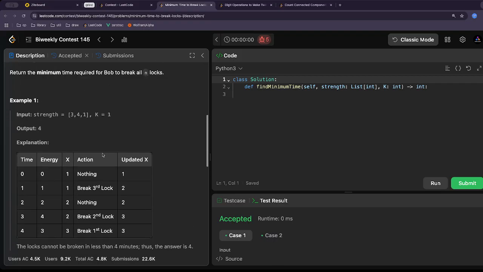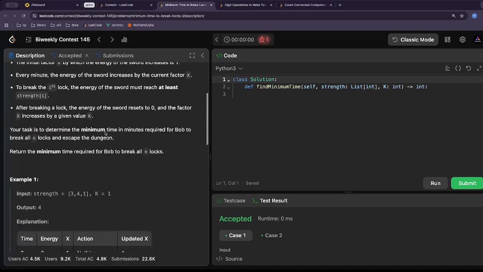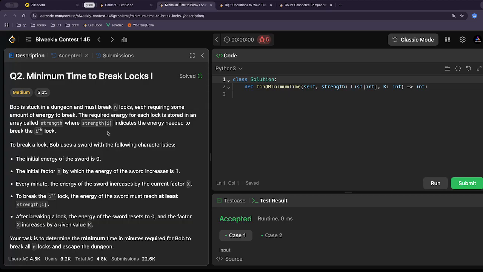So they were generous in the sense that example 1 shows you the order. Well, I guess the most intuitive thing would be to break the locks from smaller strengths to larger strengths, because the factor x increases by k.